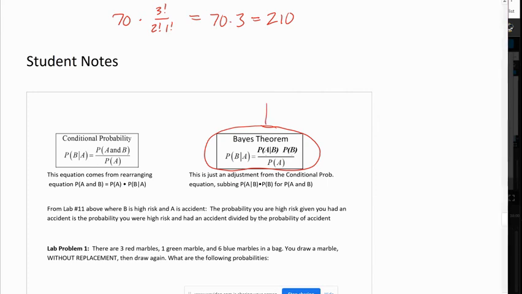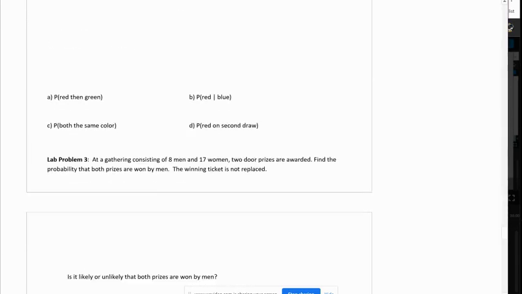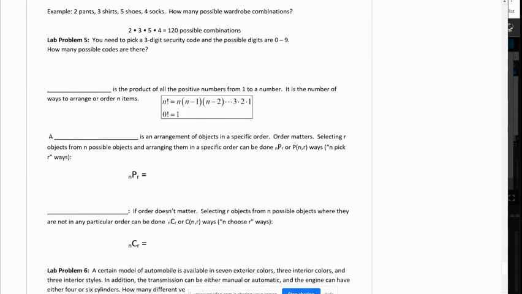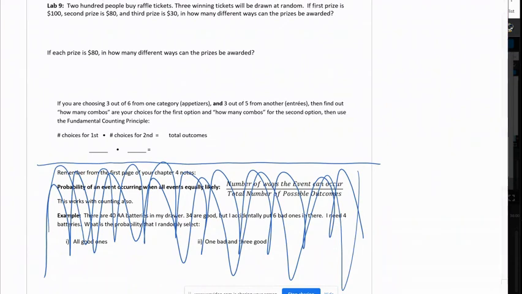But just be aware that that formula does exist, and you can use it if you ever need it. And so you're going to start your student notes there, and you're going to stop when you get done with lab 9. So the Bayes theorem and conditional probability formula is where you start, and then you're going to end at lab 9.